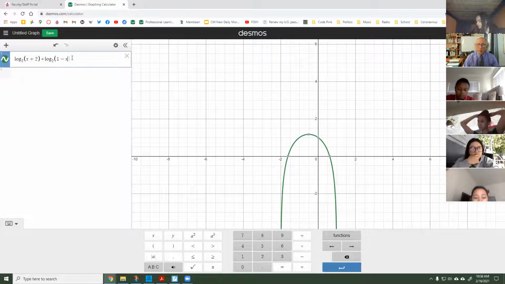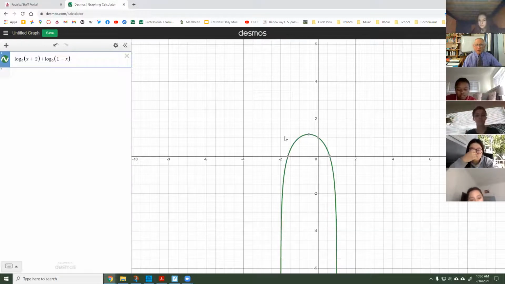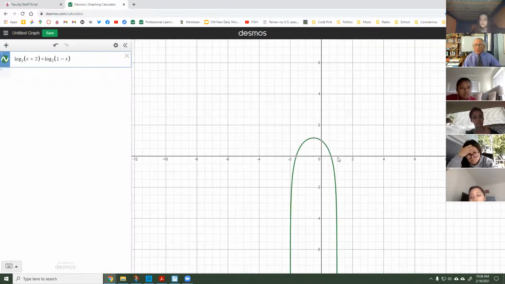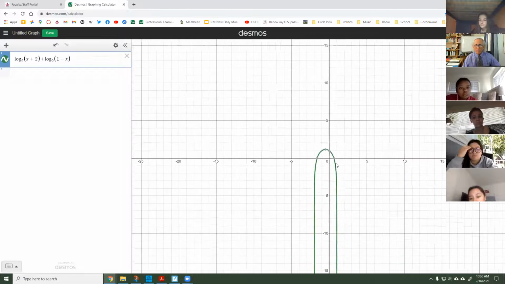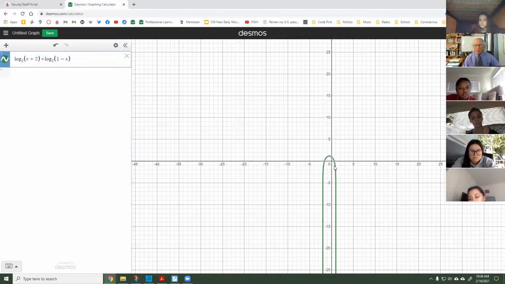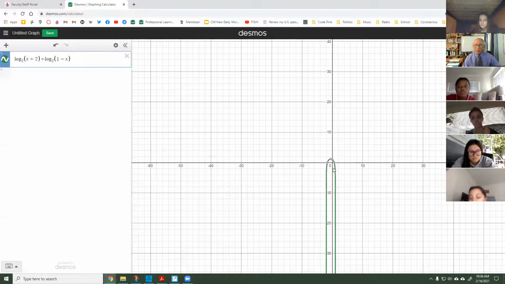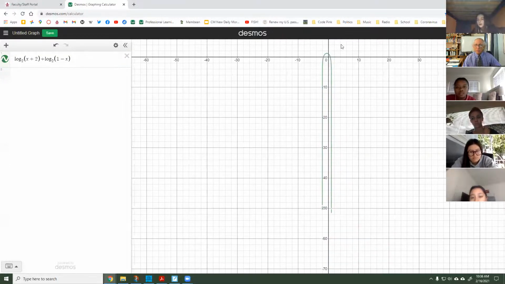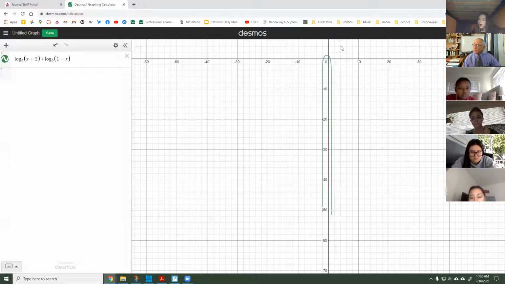So there's my graph of one of them. That's an interesting looking graph, isn't it? Notice the domain of that graph is from -2 to +1. Can you see that? I've got vertical asymptotes right there at -2 and +1. It's just going to go down and down forever, never going to be able to cross those vertical asymptotes.